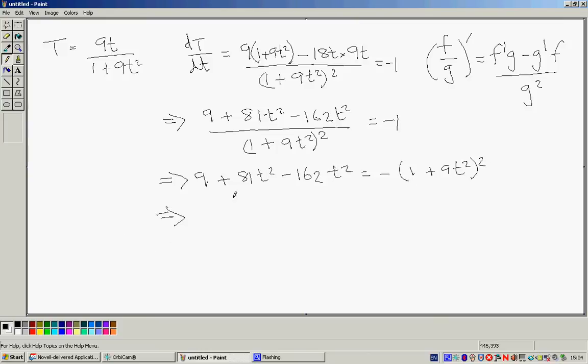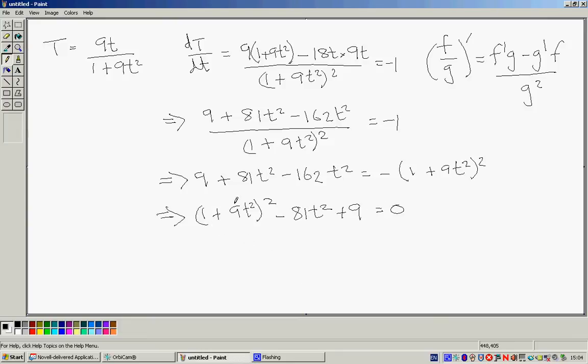Now we can bring that negative term across the equal sign, or add that term to both sides, it's the same thing, but if it crosses the equal sign it changes from negative to positive, so we have 1 plus 9t squared all squared. Well, 81t squared minus 162t squared gives us minus 81t squared, and then lastly we have plus 9 is now equal to 0.